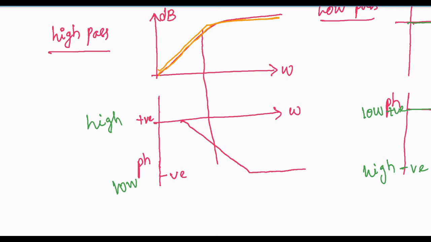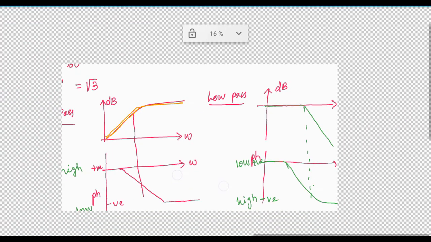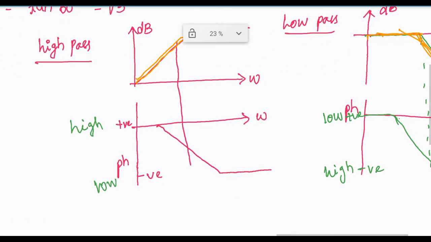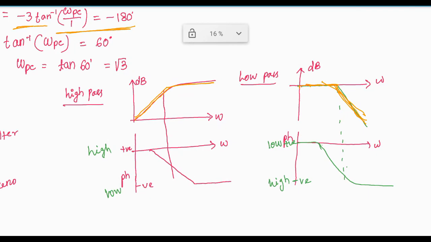And similarly the high pass filter, and here the low pass filter has magnitude like this. This is totally opposite. But the phase plot is similar in both cases.